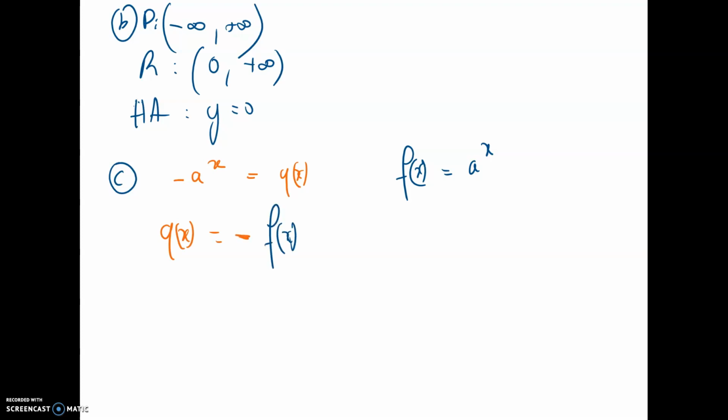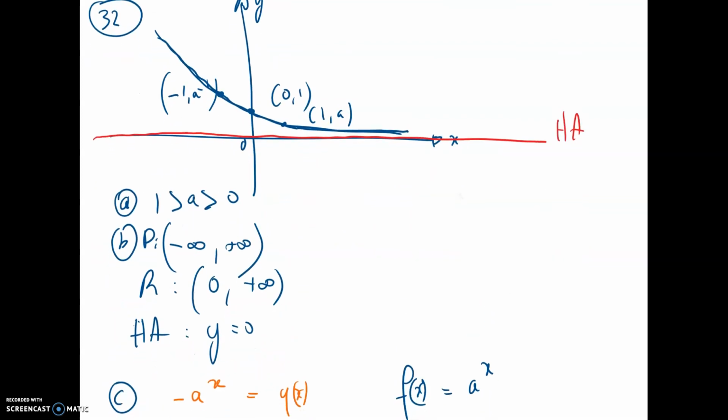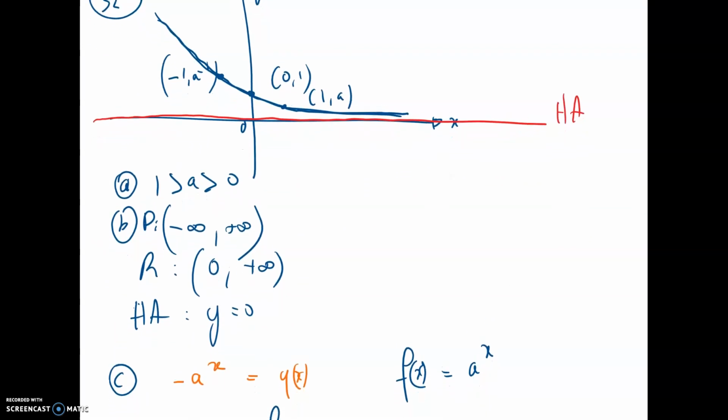And I'm supposed to remember that means we have a symmetry regarding the x-axis. And with a symmetry regarding the x-axis, we end up with our graph looking like this. And that will be negative a to the x.